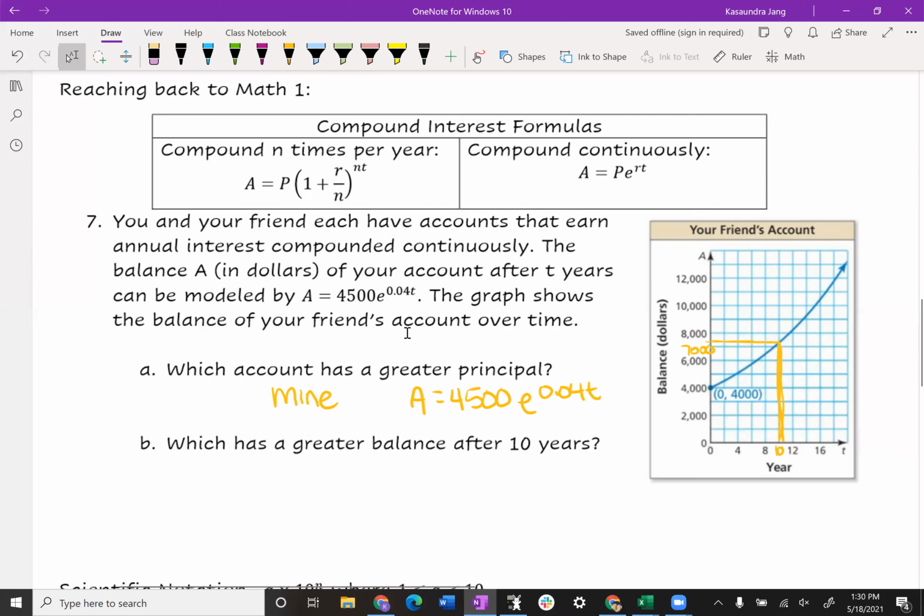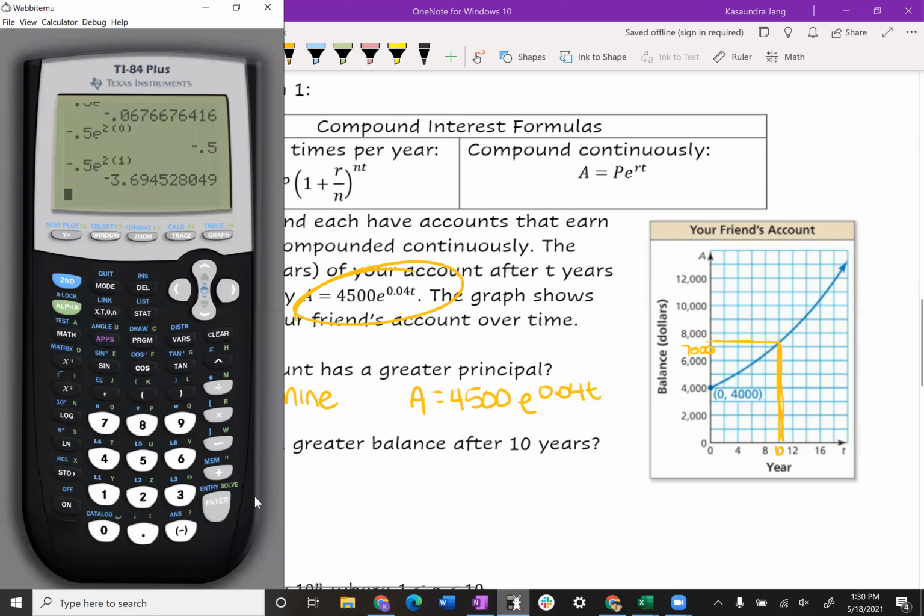All right, and then let's see for my account. Again, mine is this equation they gave me. They didn't give me the graph. They gave me the equation for that. Let's see what happens in this equation. E to the 0.04 times t, which they were saying my t, my time number of years is 10 years.